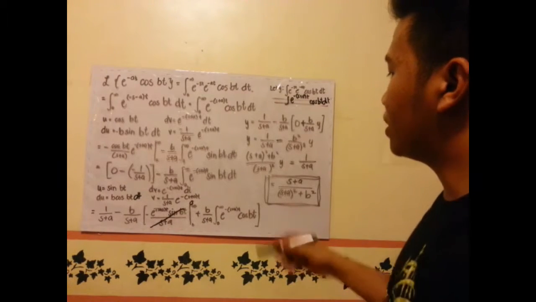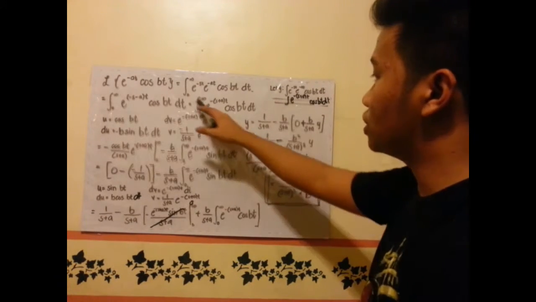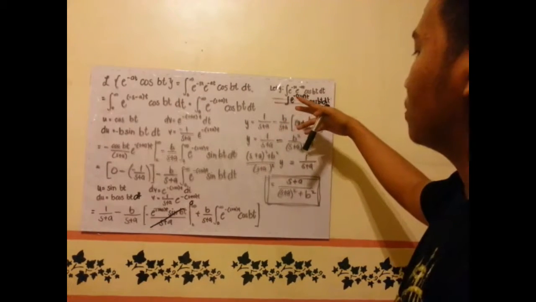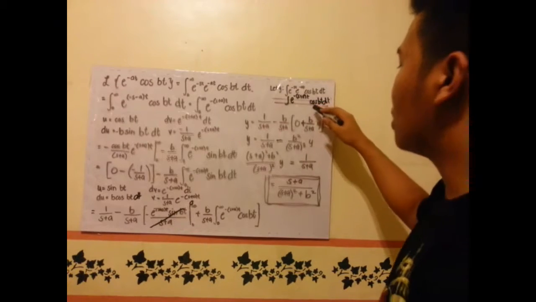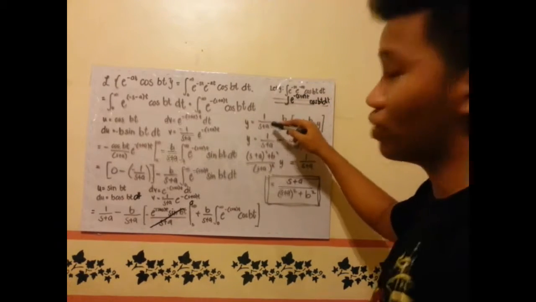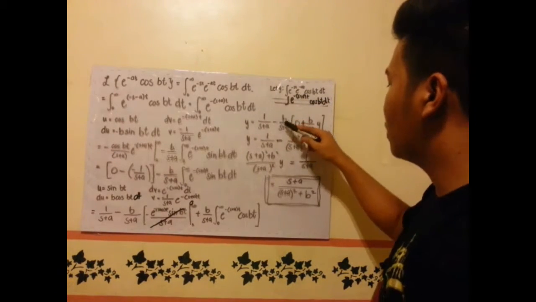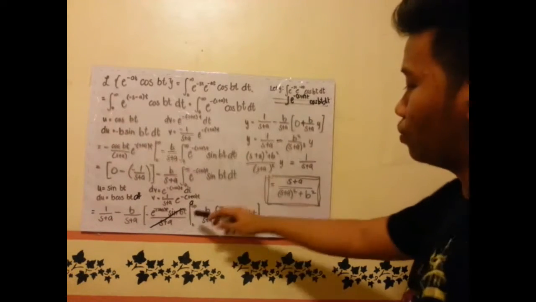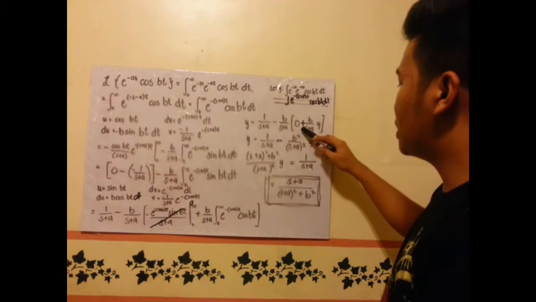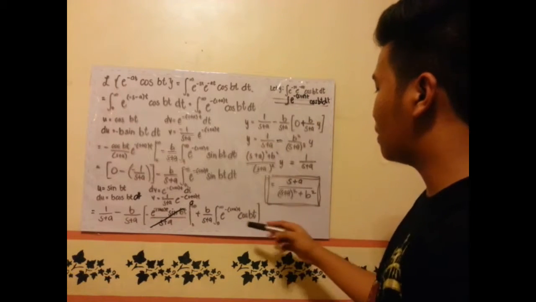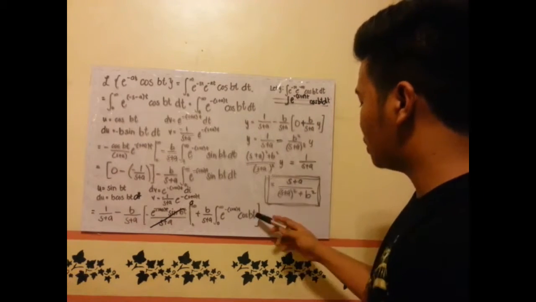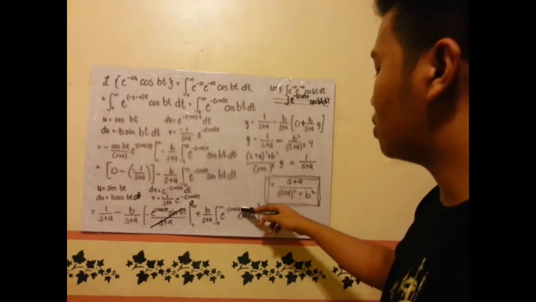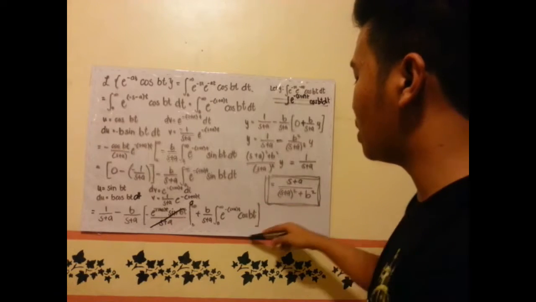Plugging in, y, which is the integral of e raised to negative s plus a t cosine bt dt, is equal to 1 over s plus a minus b over s plus a multiplied by the 0, which is here, plus b over s plus a times y, which is our repeating integral.